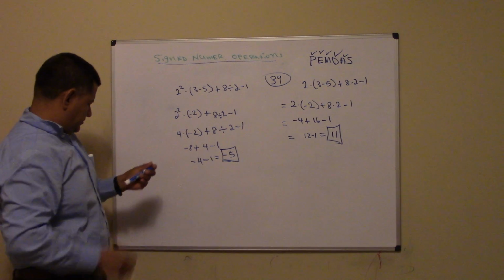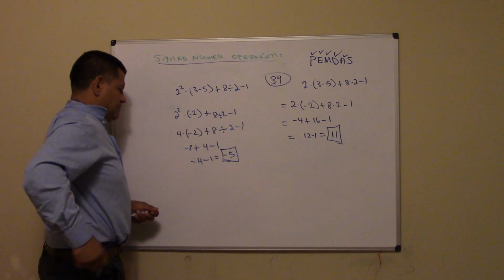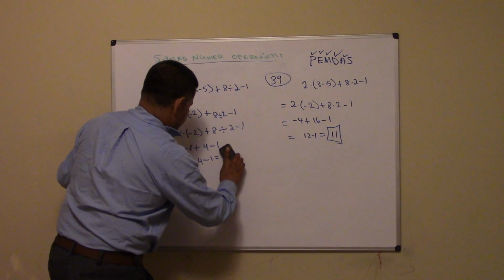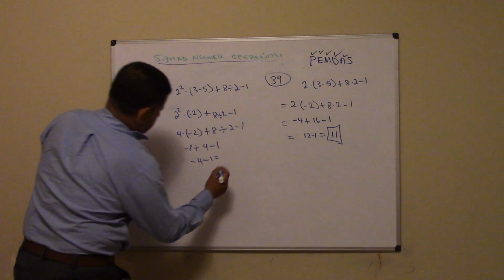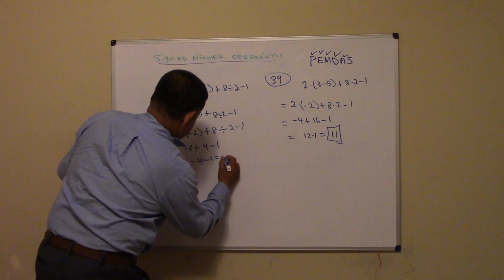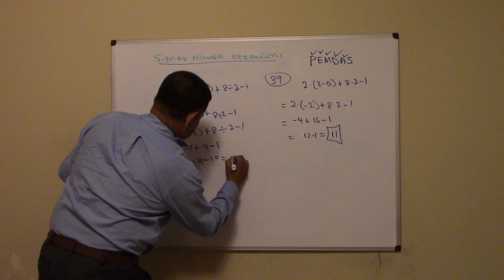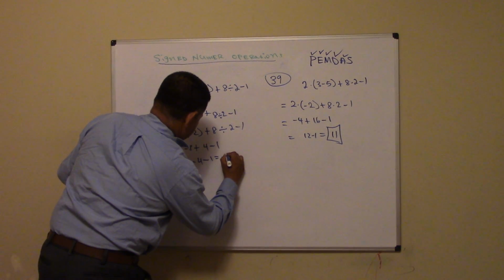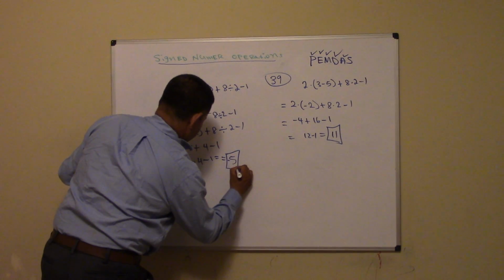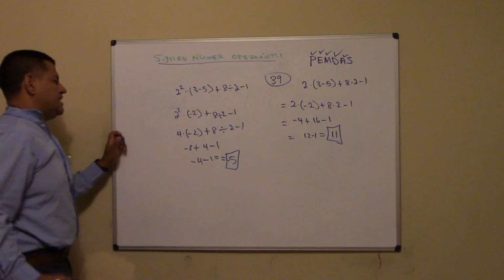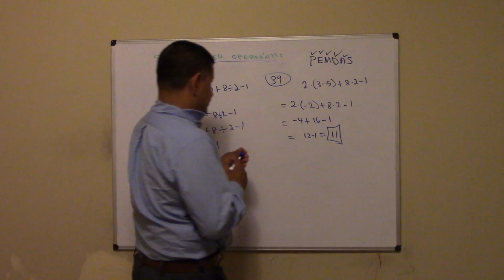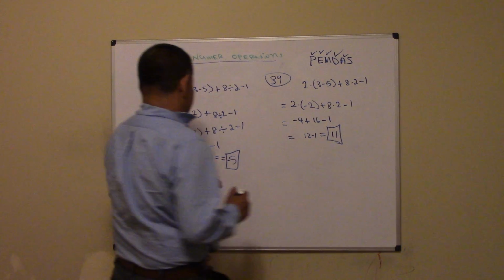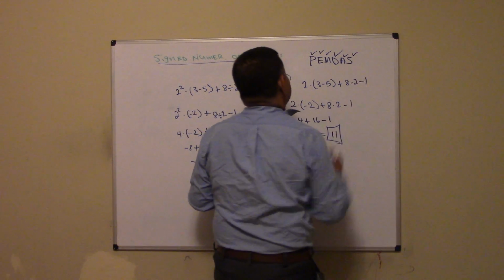Let me just write it down. So the answer for this problem should be negative 5, and we covered all the operations.